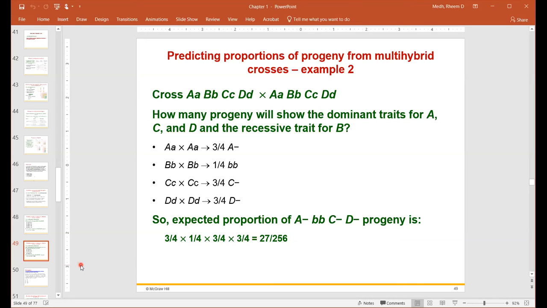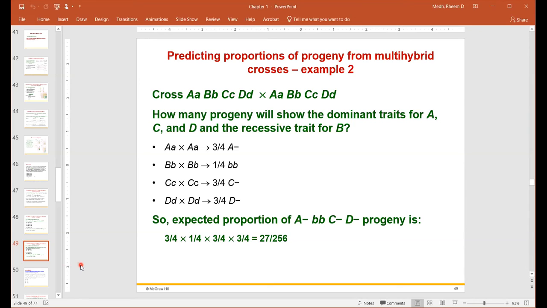Sorry, you can't see that, right? Whatever is in blue. Look at whatever is in blue. Okay, I'm going to erase this one and write it up again. So they're asking us dominant for A, recessive for B, dominant for C, and dominant for D. This is what they're asking us.